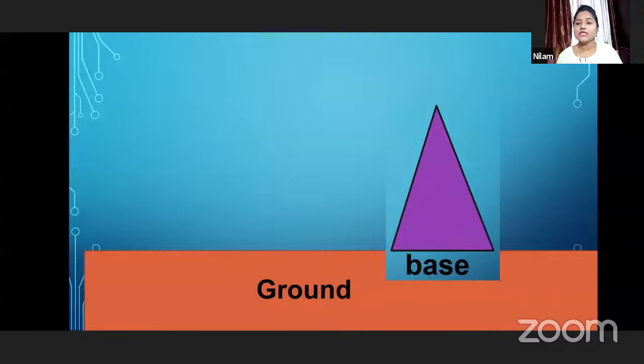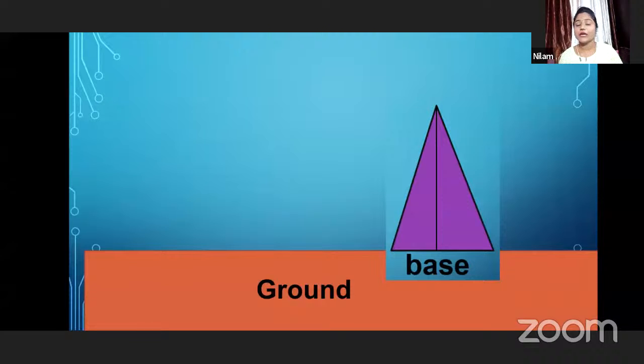Okay. Now let us see how to find out the height of this particular triangle. See children, you can see the peak point, that is the vertex of this triangle, which is away from the floor, away from the ground or flat surface. You can see a line which is drawn from that vertex.